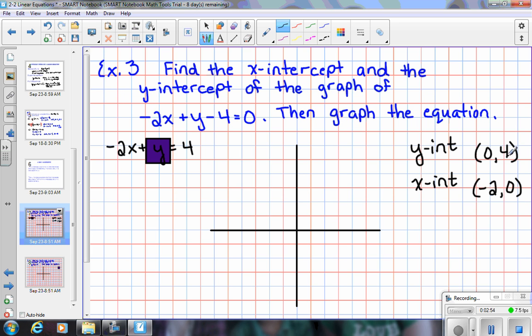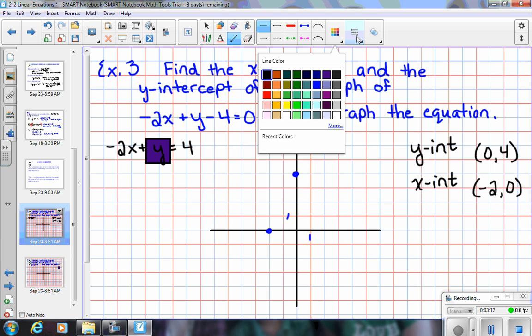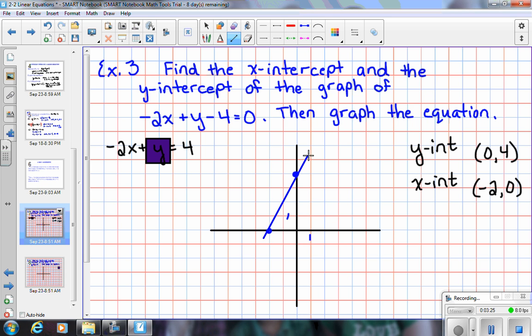So now I have the y-intercept, which goes on the y-axis, and the x-intercept, which goes on the x-axis. So (0, 4). Don't forget to scale your graph, so I'm going to count by ones. (0, 4) on the y-axis, (-2, 0) on the x-axis, and that's all we need to draw our line, because when we have 2 points, we can draw a line between them.